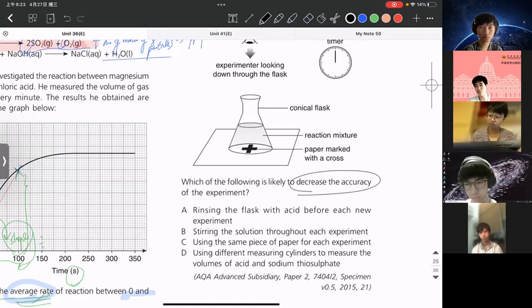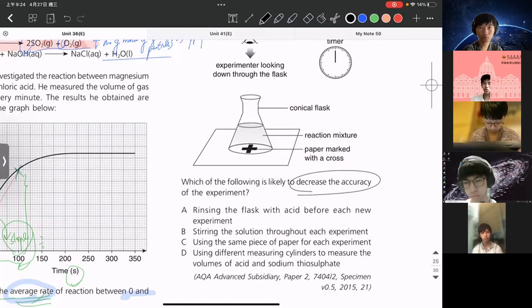Or increase the rate. But if I do not stir it well, if I do not have thorough mixing, what will happen? The reaction can only happen when the two chemicals meet. So that means the cloudiness of the solution mixture over time is not uniform.